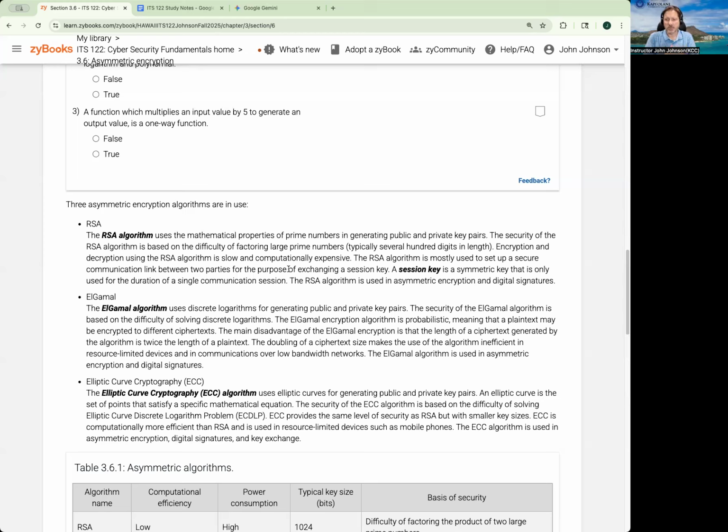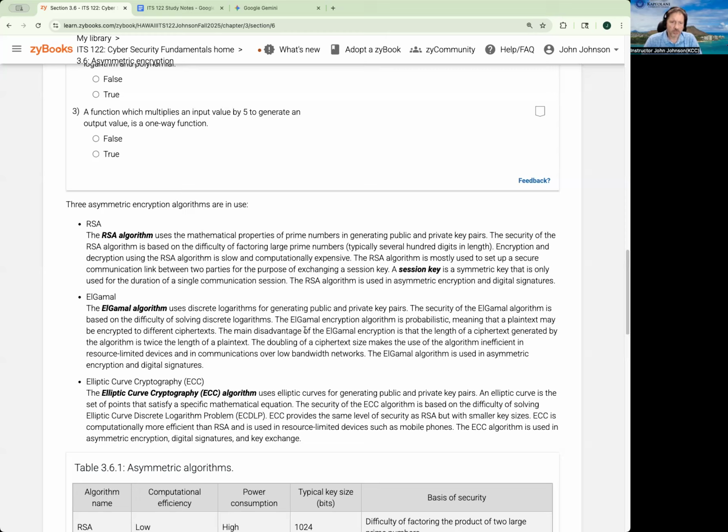A session key is a symmetric key that is used for the duration of a single communications session. Like if you're getting stuff from a website, for that communication session, you'll want to use that session key, and you're going to set up that exchange using the RSA algorithm. RSA is used in asymmetric encryption and digital signatures. So that's something to keep in mind.